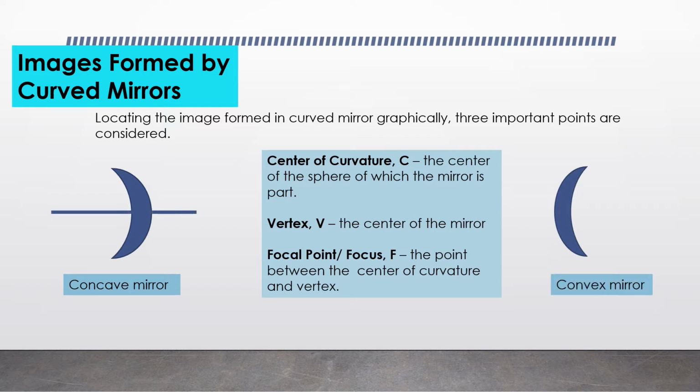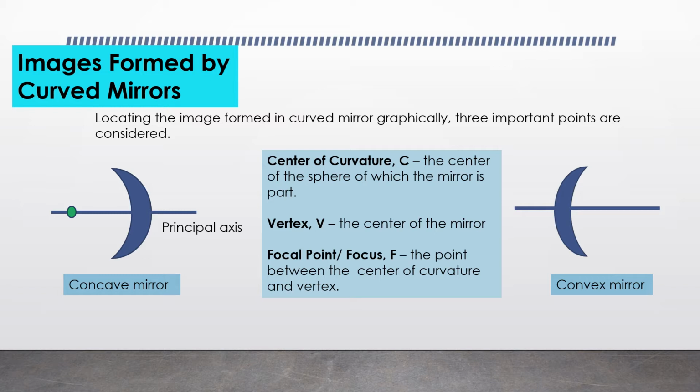So, if that line drawn at the center, that is a principal axis. So, the center of curvature is the center of the sphere of which the mirror is part.